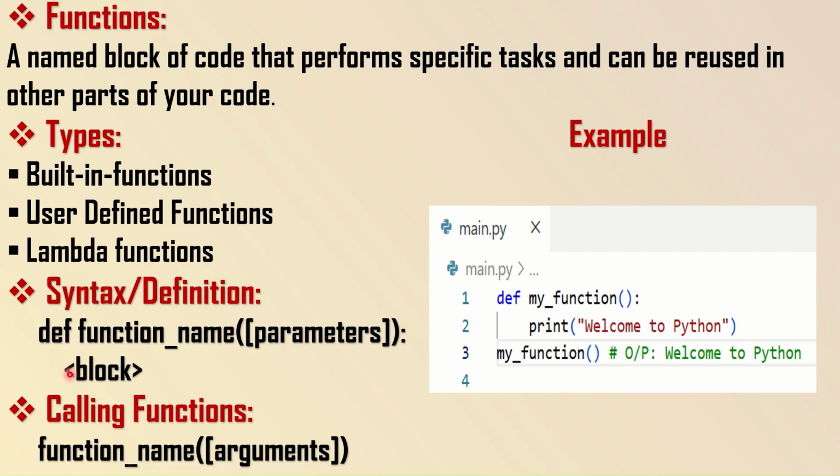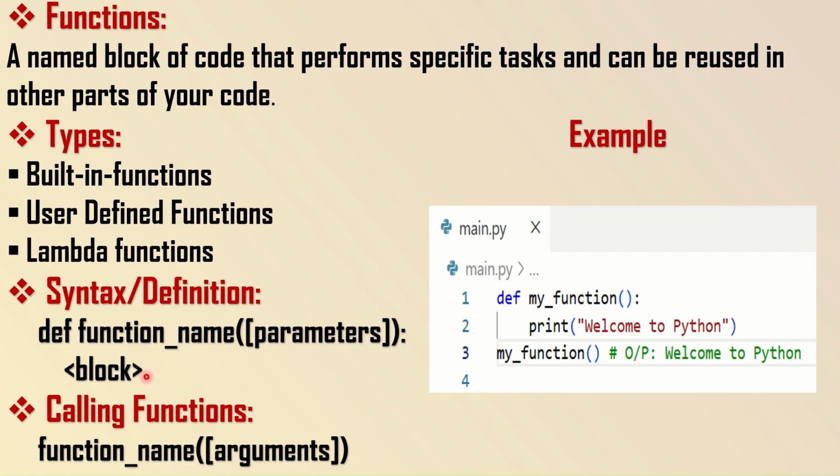Inside this function statement, we have a block or set of statements that will go inside, and finally followed by the return statement. We may or may not have a return statement. So this is all about how we can define a function.